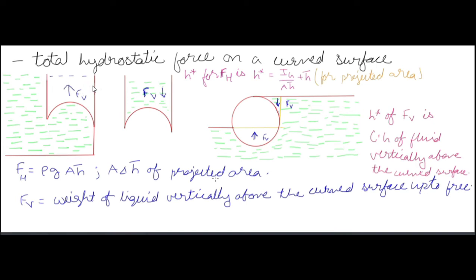FV is acting upwards and FV is the weight of the displaced volume, the volume of this area which has been left out. Now in this case liquid has been filled and FV is acting downwards. In this portion liquid is present, as if it had been filled here, so FV is acting downwards.